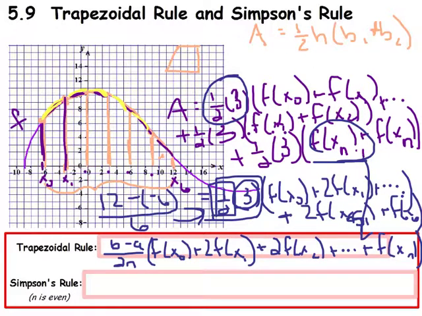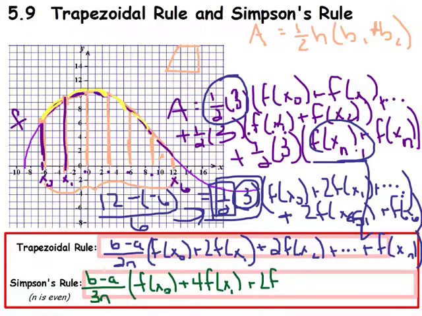So Simpson's Rule, just write it in a different color, is that the area under a curve from a to b approximately equals b minus a over 3n times f of x sub 0 plus 4 f of x sub 1 plus 2 f of x sub 2.